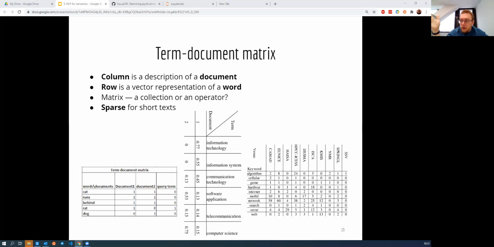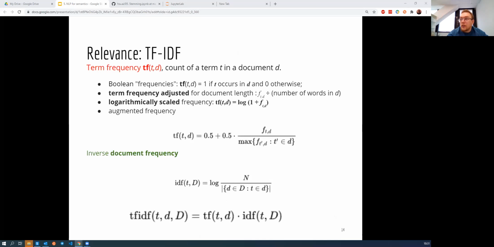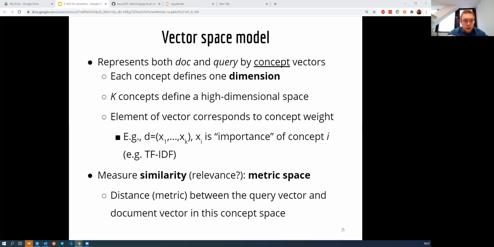The document is defined through the words, and the words are defined through the documents. So there are two ways of looking at the vectors, like this or like this. I totally understand that. I'm pretty good in linear algebra, but what I don't understand is, when you say concept vector and you want them to be orthogonal.